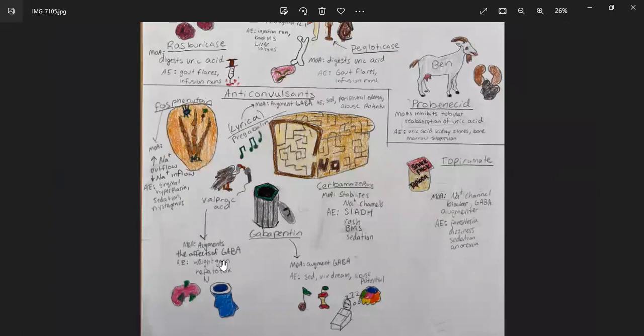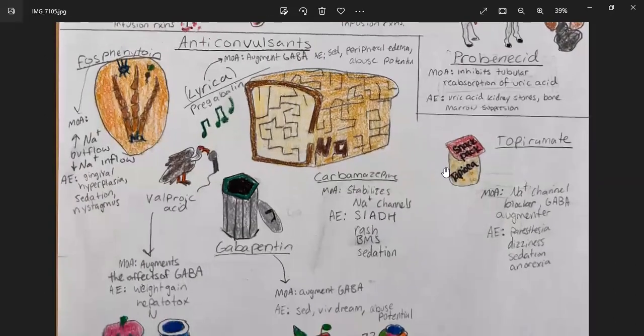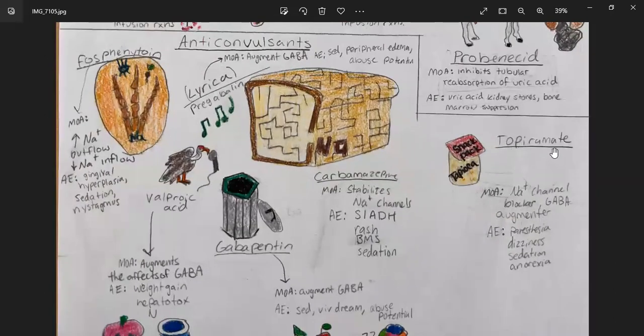Adverse effects are weight gain, hepatotoxicity, nausea, sedation, abuse potential, vivid dreams, all kinds of stuff. And then last but not least, we have some tapioca pudding here for topiramate, which is also a sodium channel blocker and a GABA augmenter.